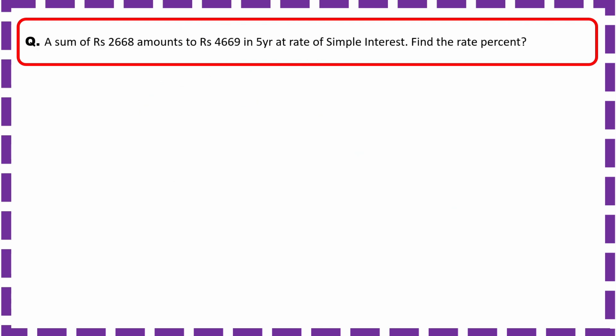A sum of rupees 2668 amounts to rupees 4669 in 5 years at a rate of simple interest, then find the rate percent. So a sum of 2668 amounts to 4669, so this one becomes this in 5 years. That means this principal becomes this amount in this time duration.